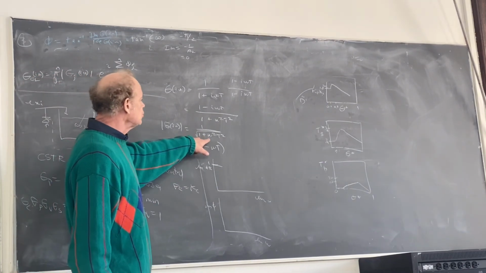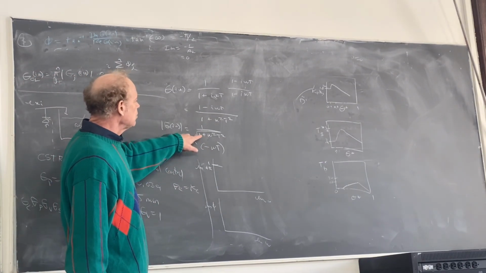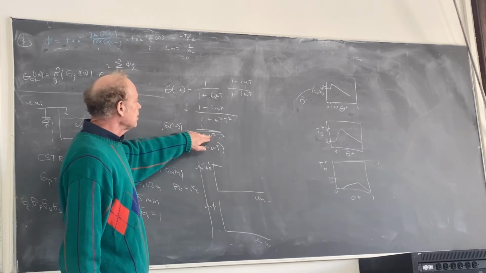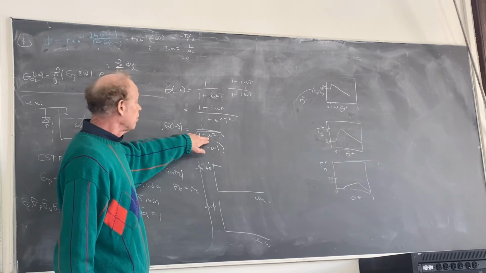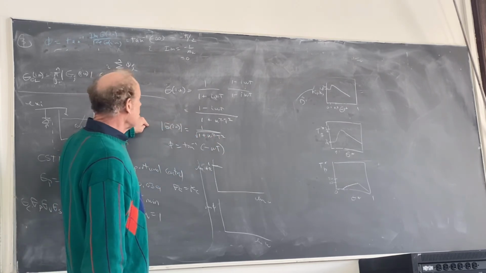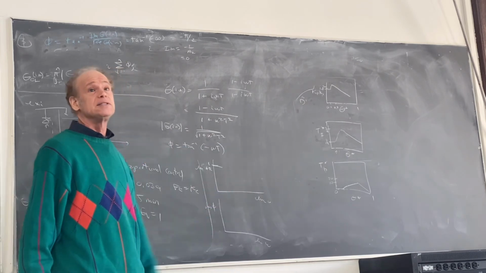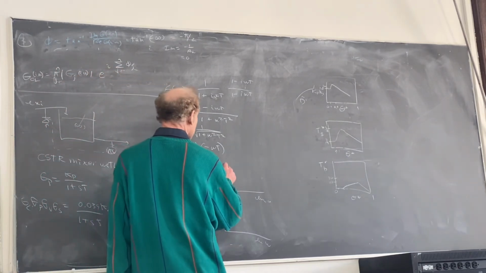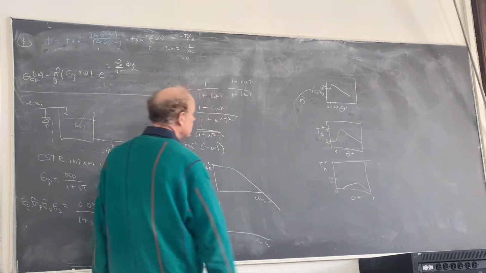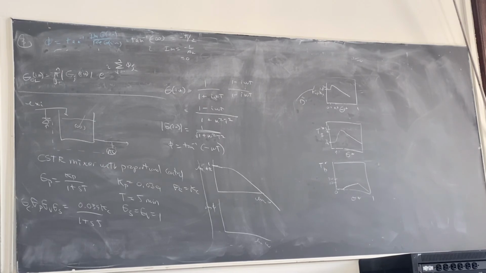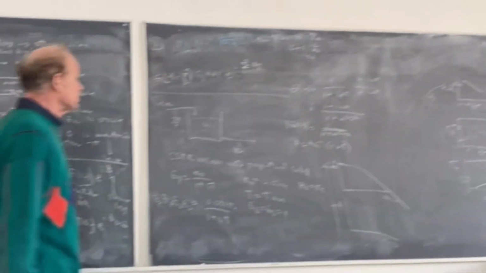When omega goes to infinity, the 1 becomes negligible, and the square root takes the square root of the square, and I just have 1 over omega tau. So when I take the log versus the log of omega, I get a straight line of slope minus 1. Exactly as I had over here, something that looked like this.